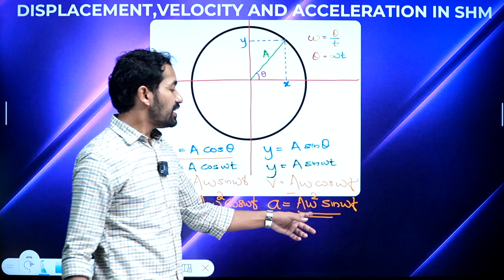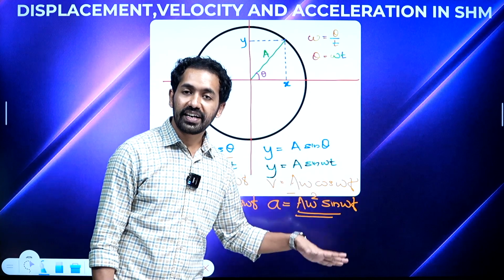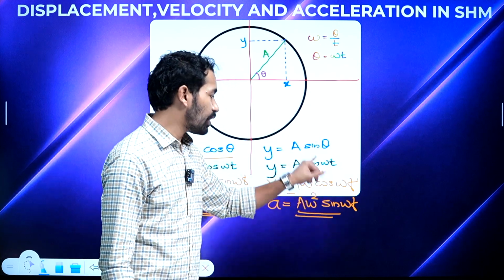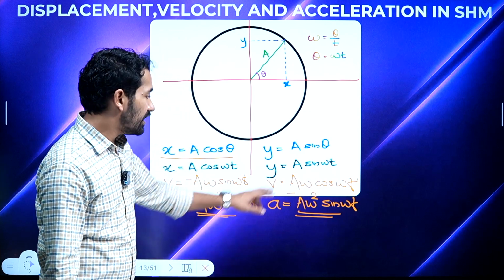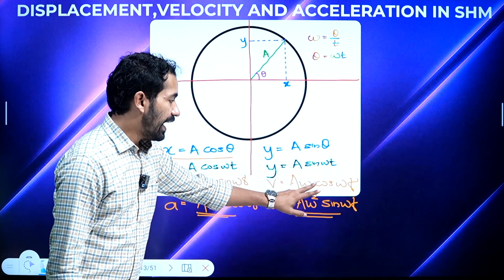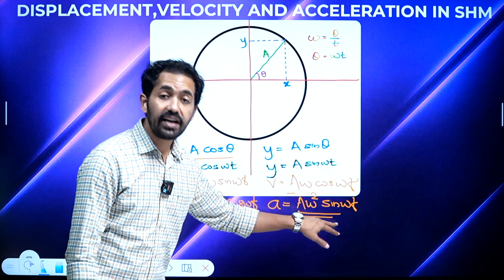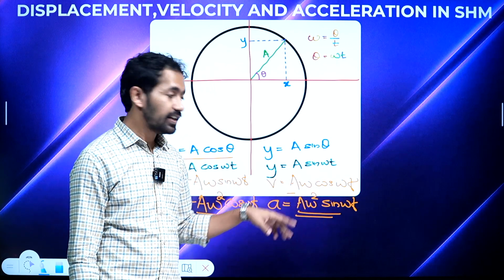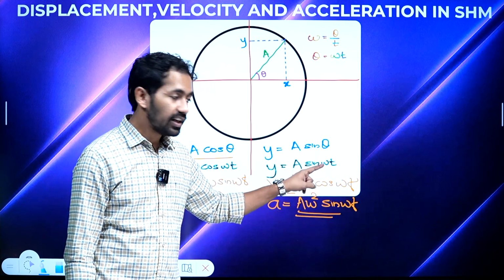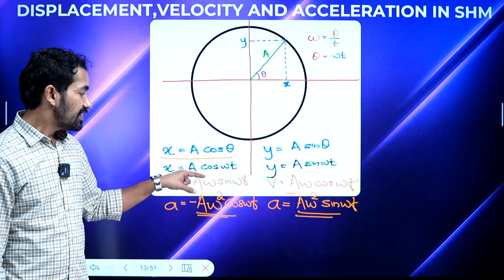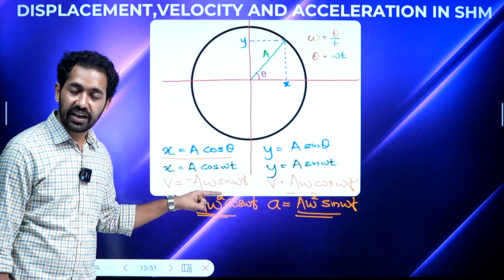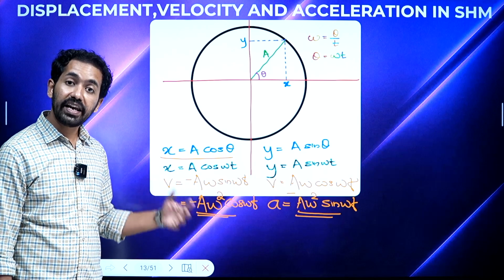So minus a omega square sin omega t is the acceleration time equation for a particle starting from mean position. So you have seen that a sin omega t, a omega cos omega t, minus a omega square sin omega t. See, displacement is sin, velocity is cos, acceleration is again sin, and here displacement is cos, velocity is sin, acceleration is again minus cos.